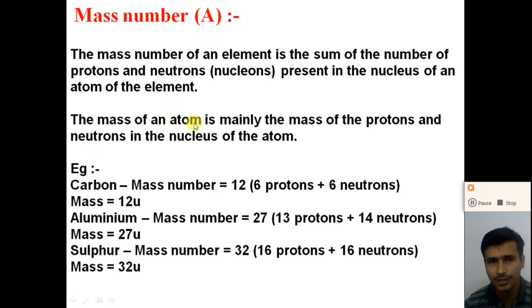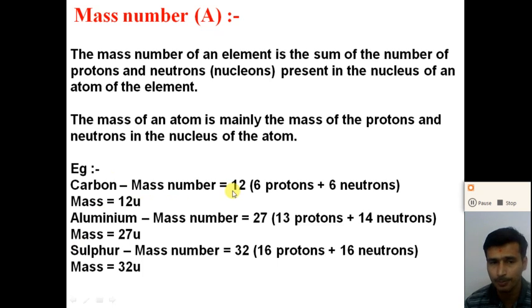The mass of an atom is mainly the mass of the protons and the mass of the neutrons in the nucleus of an atom, right? So here the mass number represents the number of protons and the number of neutrons in the nucleus. For example, considering carbon, the mass number of carbon is 12.